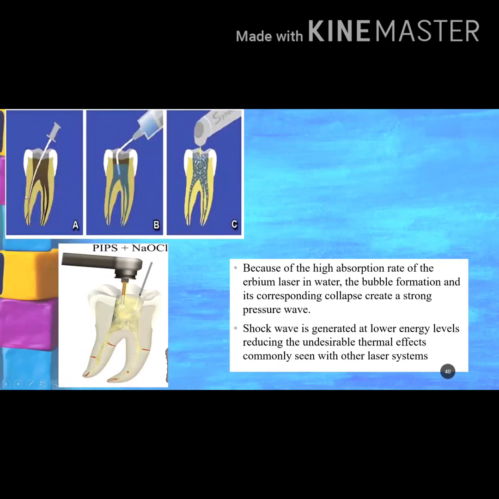In that, first we have to do the cleaning and shaping of the canals. After that we have to pour the solution, sodium hypochlorite, till half of the chamber, and then the PIPS tip is used for the irrigation.